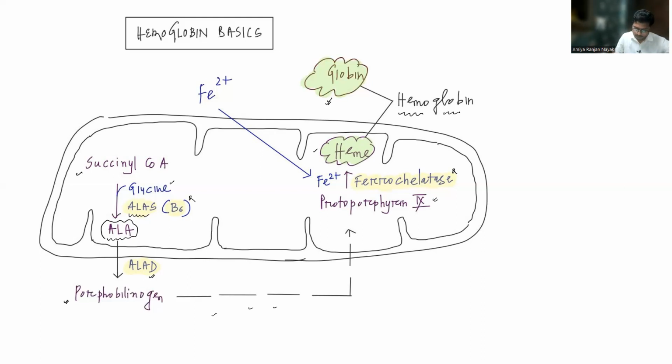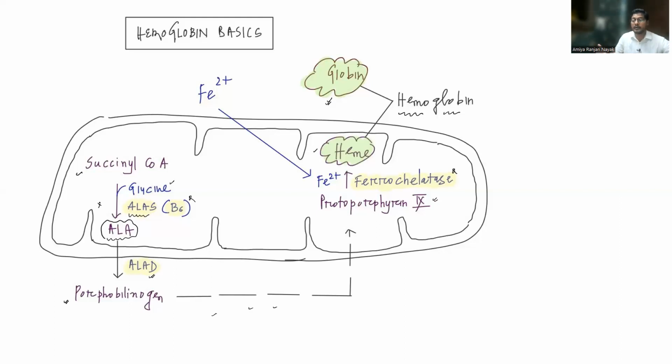Now let us see what is going to happen if the patient is having vitamin B6 deficiency. So if there is pyridoxine deficiency, the first step cannot happen. So there is a defect in the heme synthetic pathway. So this will lead to decreased production of protoporphyrin 9.